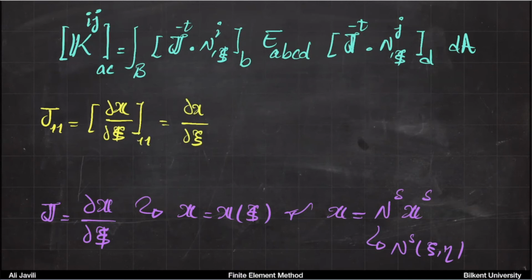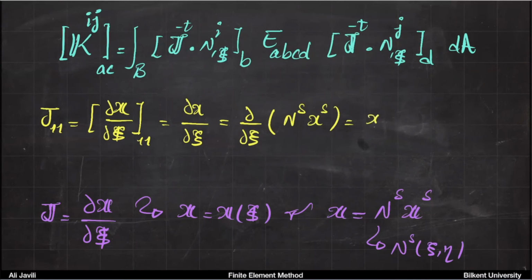Okay, so X1 is actually x and Xi1 is Xi. Now, see this one? That is basically the derivative with respect to Xi of, instead of X, you can write N_s X_s. So X_s would be just the coefficient, it comes out.